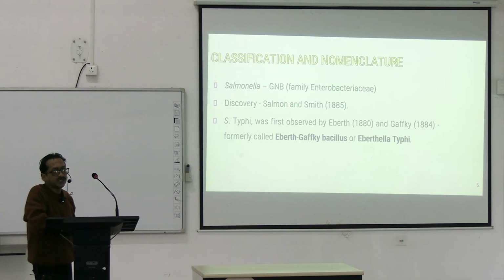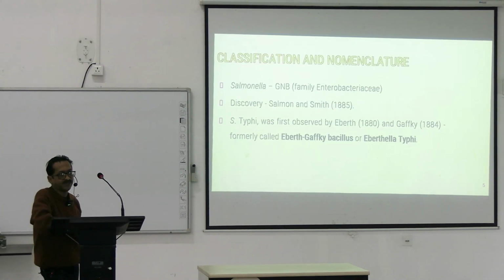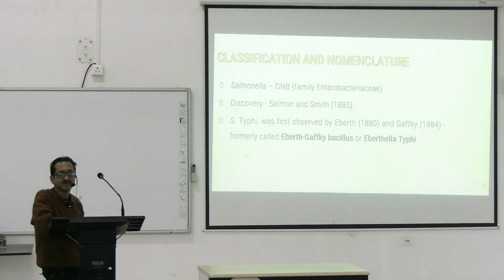What are the common features of the Enterobacteriaceae group of bacteria? You have already had 2 or 3 classes on Enterobacteriaceae. One is gram-negative bacilli, next catalase positive, oxidase negative. They are facultative anaerobes, and they are not fastidious. They can grow in any media.